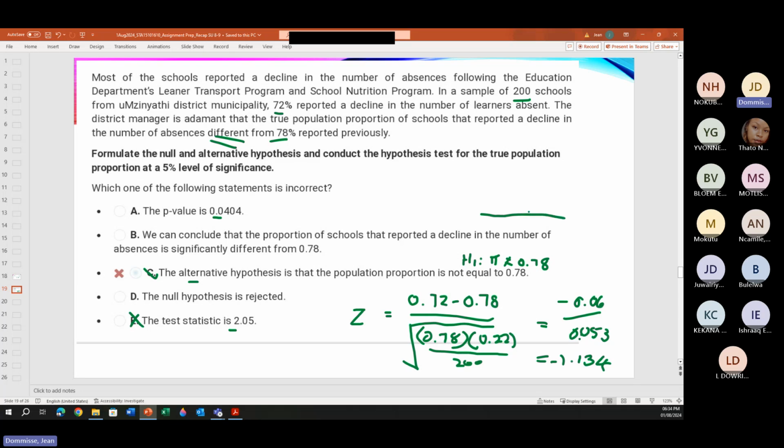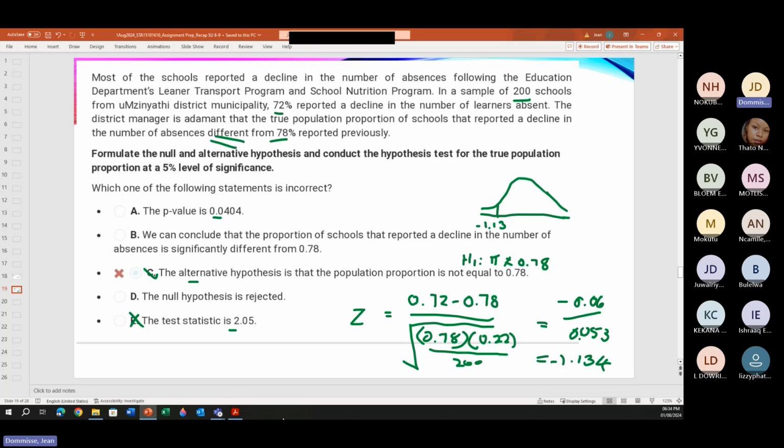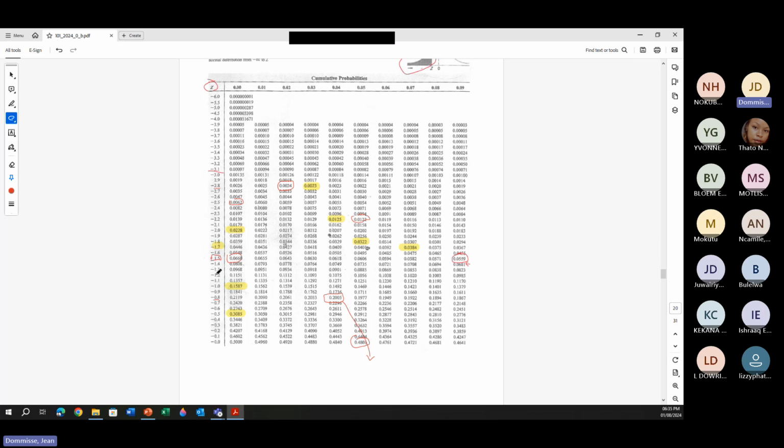So let's just check around the p-value. So minus 1.134. Okay, so what I would have done is round it off to 1.13. So let's go to our z table, minus 1.13.